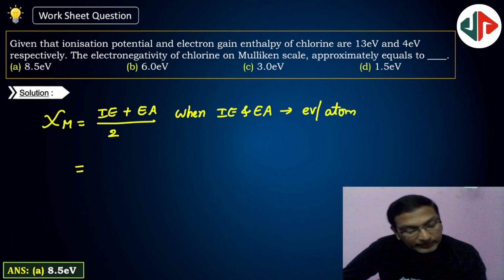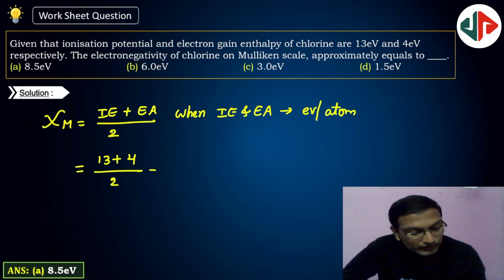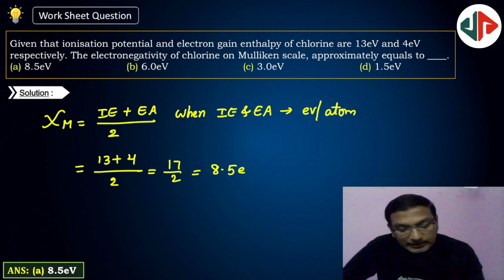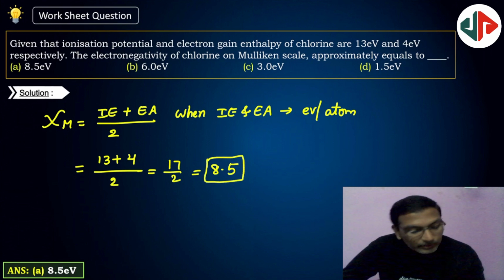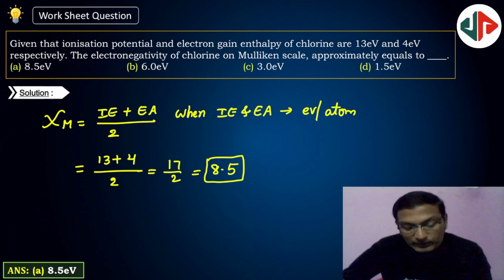Therefore, IE value 13 plus EA value 4 by 2, 17 by 2, which is 8.5 electron volts. Not electron volts, electronegativity 8.5. No need to write electron volts.